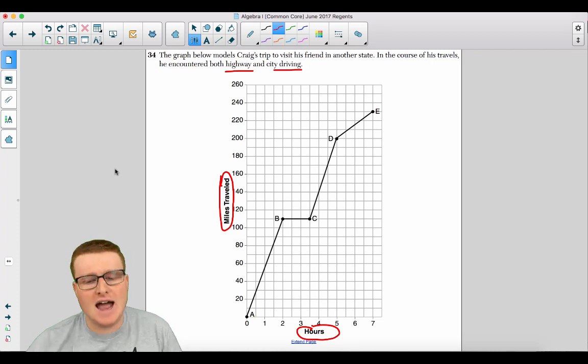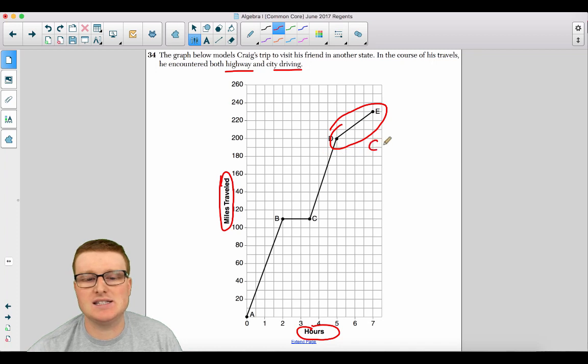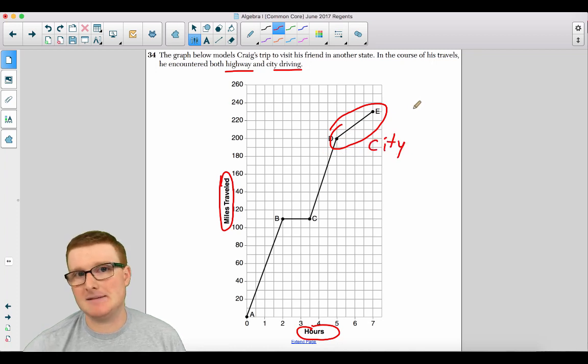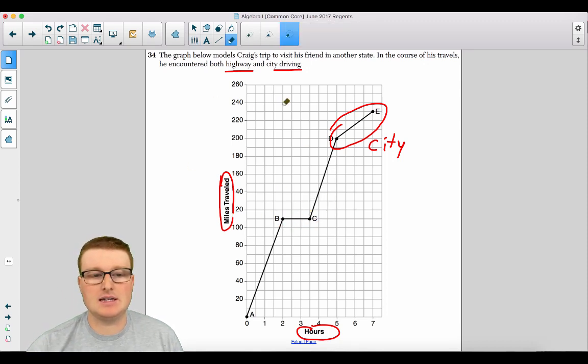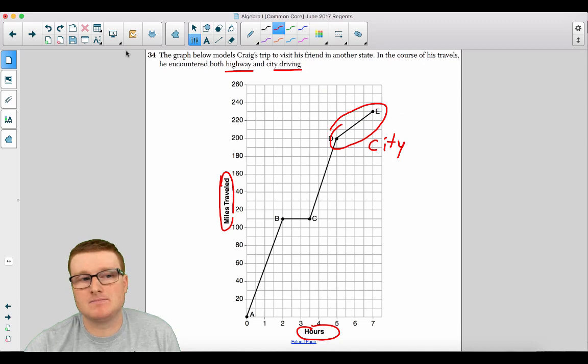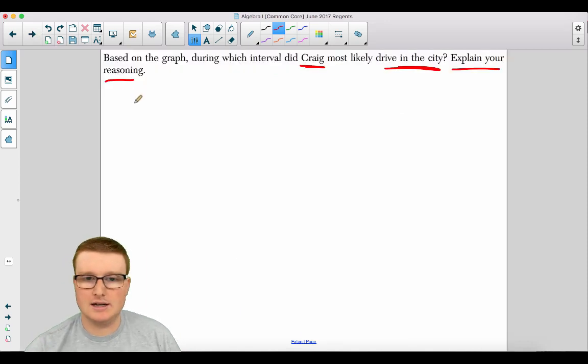So they're kind of going for, you should know that Craig is driving in the city from D to E. And if you said B to C, you're wrong, and I'll explain why a little bit later. But he's driving in the city from D to E. Okay. So state it and explain your answer.